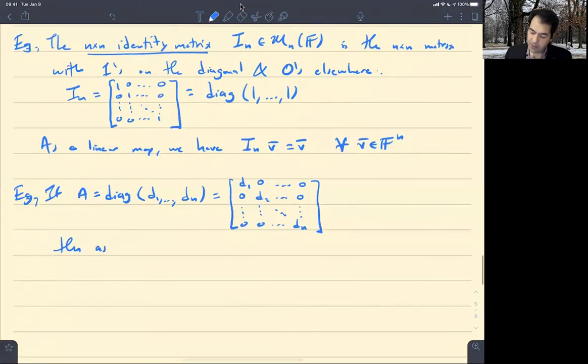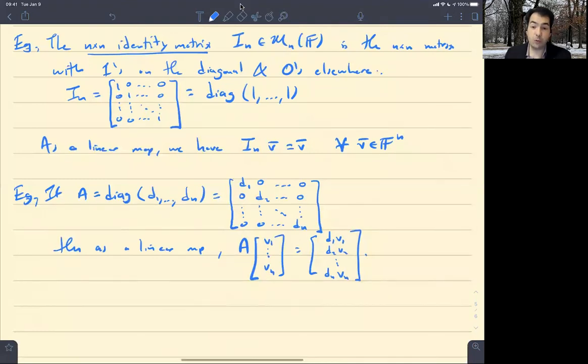Then as a linear map, A times the vector v, let's write out the coordinates of the vector, v1 to vn, all this does is multiply each entry by the corresponding element of the diagonal. So this is a really easy map to understand. All we're doing is scaling each entry by the corresponding scalar on the diagonal.